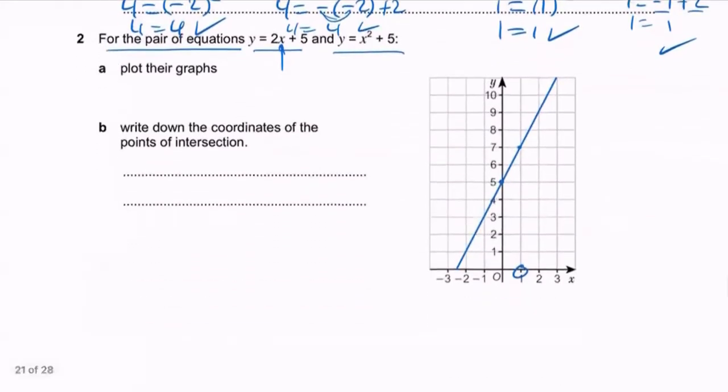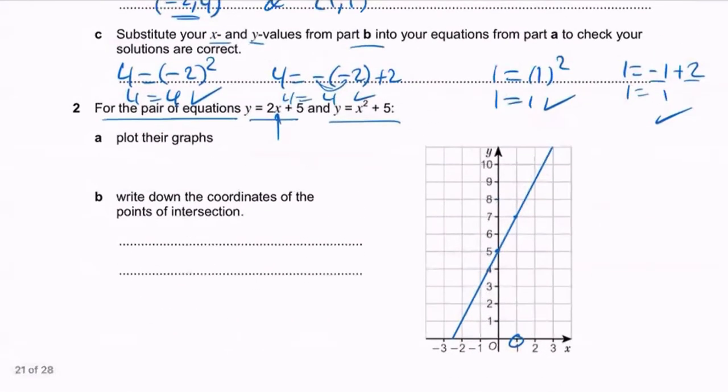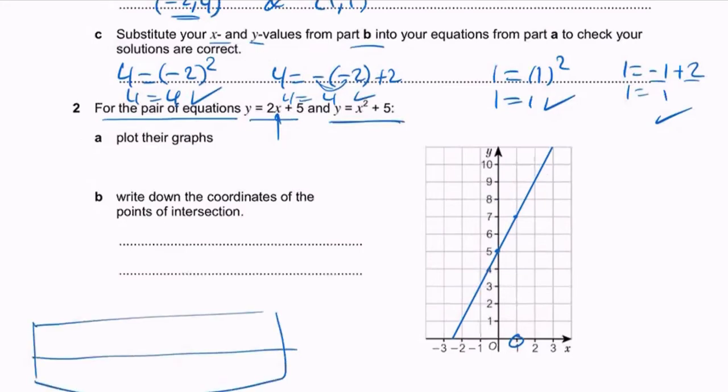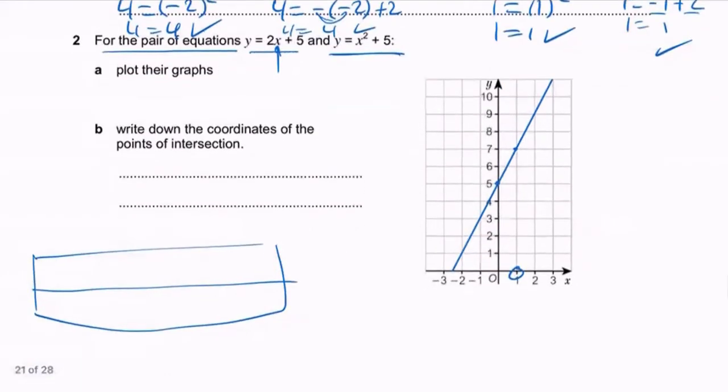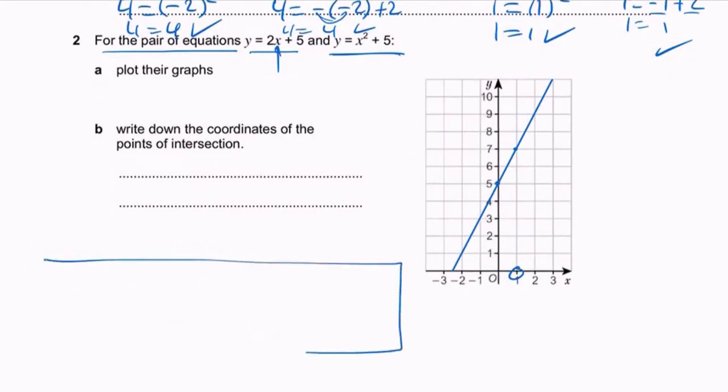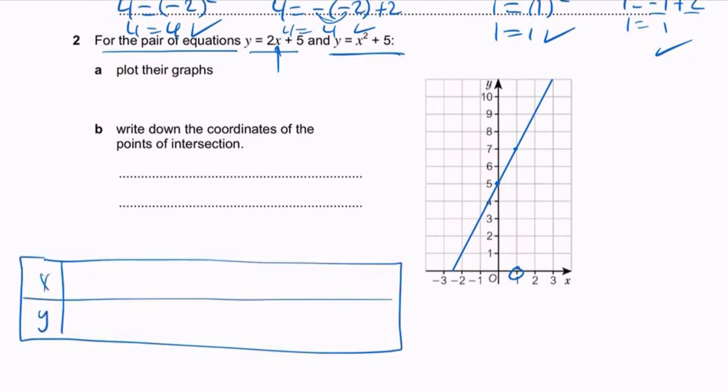Okay, so this is the straight line. Now let us plot y equals x squared plus 5. So make a small table. I need 7 points, sorry. x: negative 3, negative 2, negative 1, 0, 1, 2, 3.